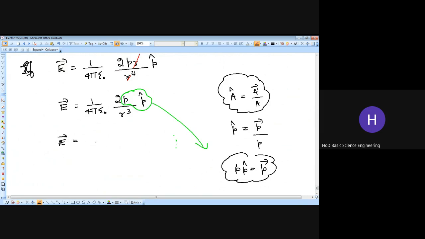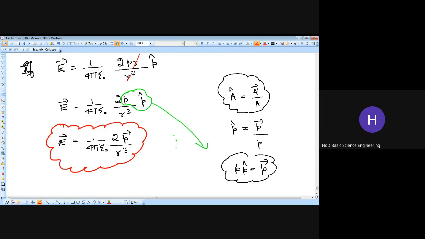E equals 1 by 4 pi epsilon naught, 2 into vector P divided by R cube. So this is the final expression for electric field due to a dipole at an axial point.